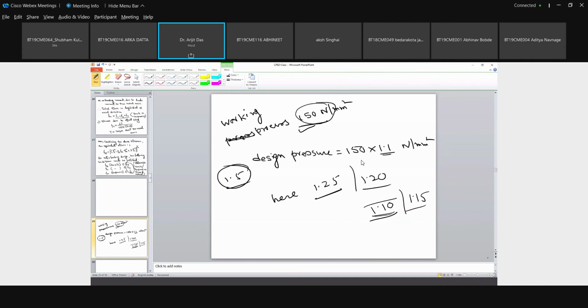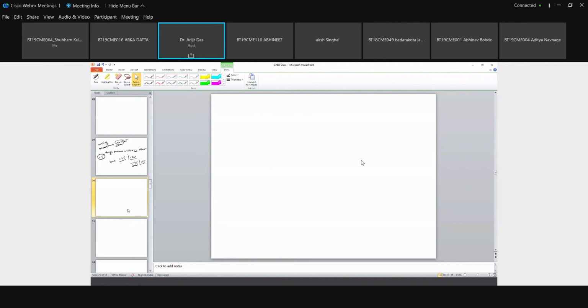So these two things are important: one is the factor of safety for getting the allowable stresses, and the other is increasing the design pressure by multiplying the working pressure by 10% or 20%. These are the two main things you have to consider while designing a problem.